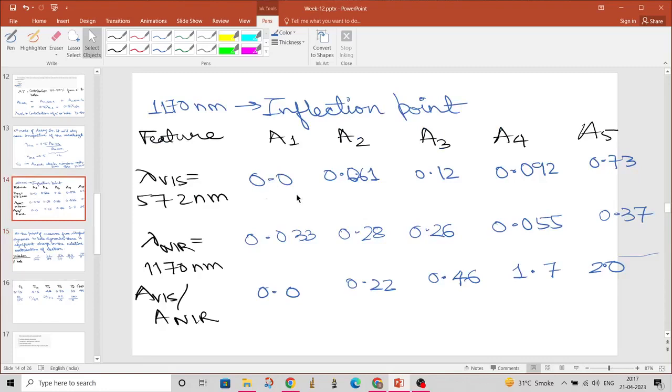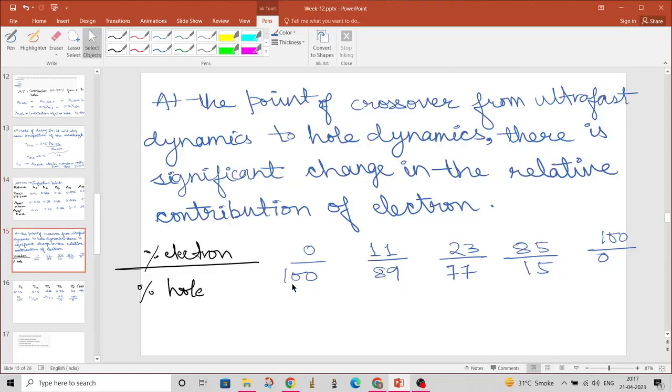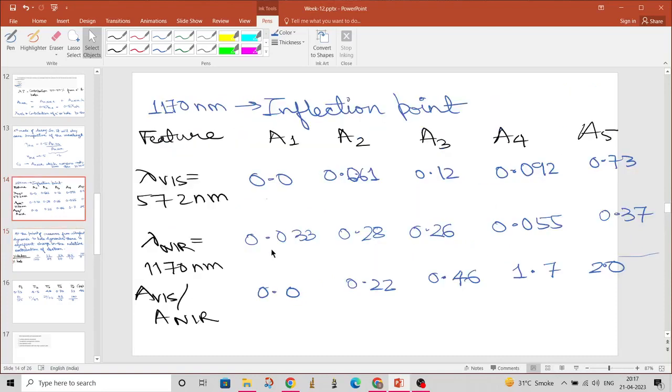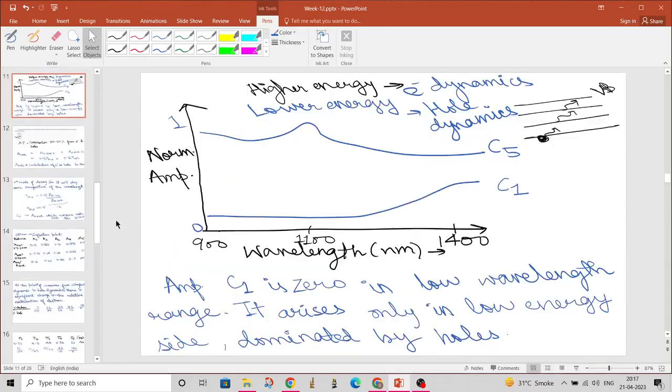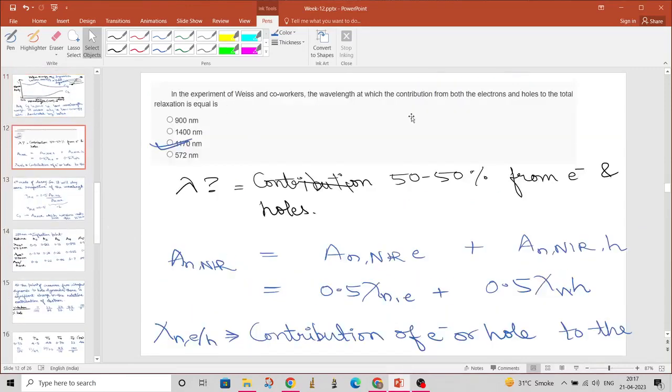This one is the ultrafast dynamics, this one is the hole dynamics, and for hole dynamics the electron contribution decreases. So that's all in this question. The answer is straightforward, which is 1170 nanometers.